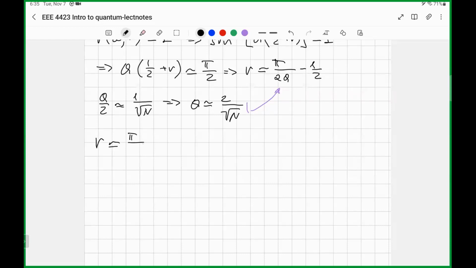It's going to be pi over 2, then square root of N over 2, minus 1/2.